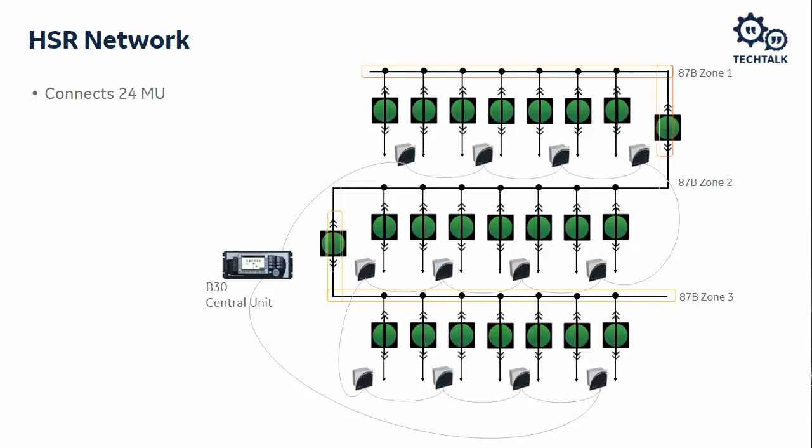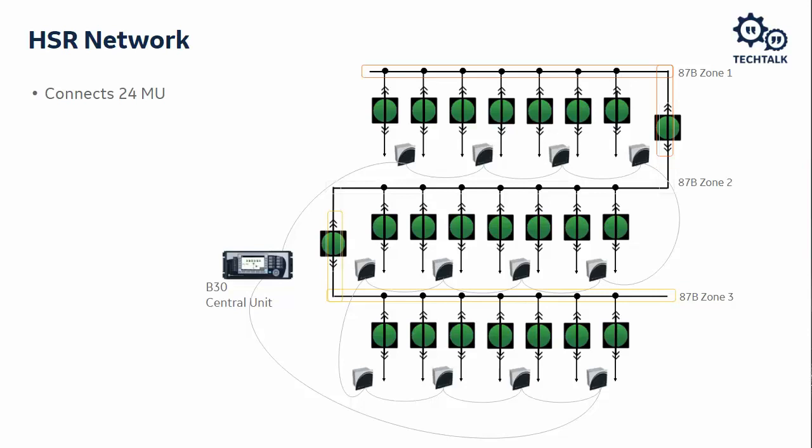And basically what we would do in an HSR network is we build a ring of our merging units and relay. So a fiber optic port goes from the B30 to the first MU320, out of that MU320 into the next around the ring, all the way back to the B30.